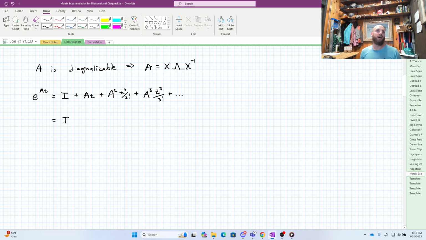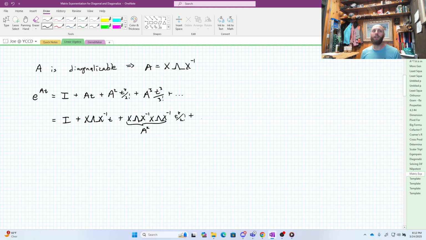So I'm going to say that's I plus X lambda X inverse t plus X lambda X inverse, that's one A, X lambda X inverse, that's my second A. So this whole thing here is A squared, and then I've got a t squared over 2 factorial.